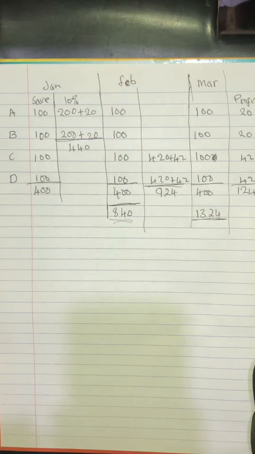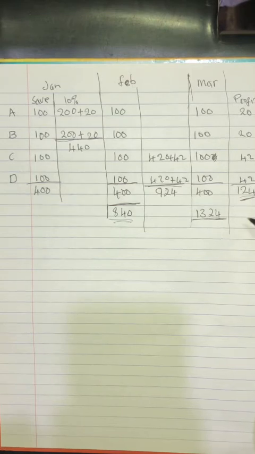Now you can see that the amount that individuals A and B accumulated as profit is so little compared to C and D. And if we were to share this amount equally, it would be unfair on the part of C and D. So let's say to be fair on all grounds, each individual walks away with the amount of profit that they have accumulated.